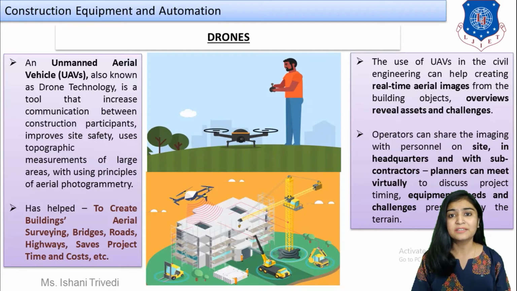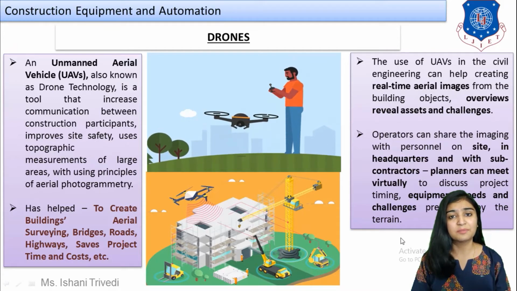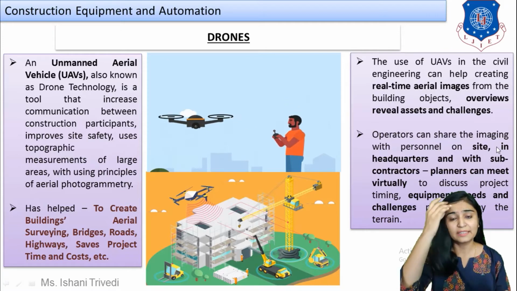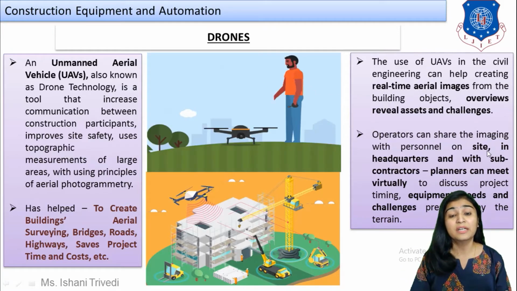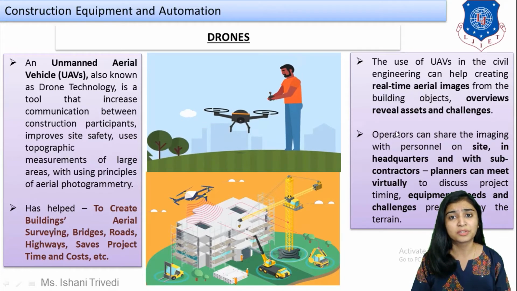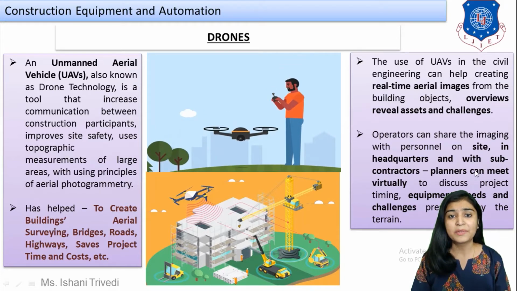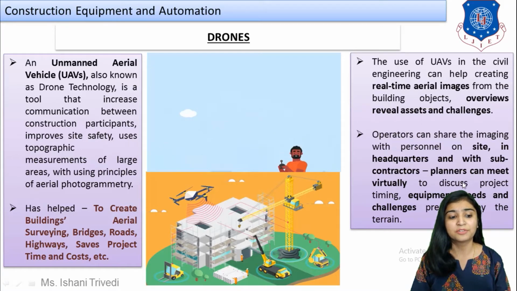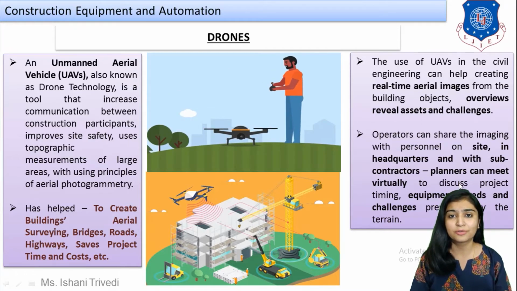So it increases the communication between the construction participants all over the place. It improves the site safety. As I said that you can carry out the construction inspection as well, so it increases the safety as well. The supervisor can carry out using the same. It uses topographic measurements of large areas with using principles of aerial photogrammetry.